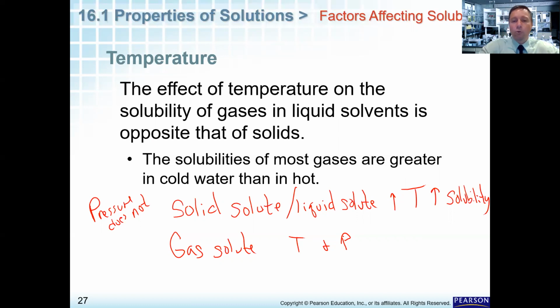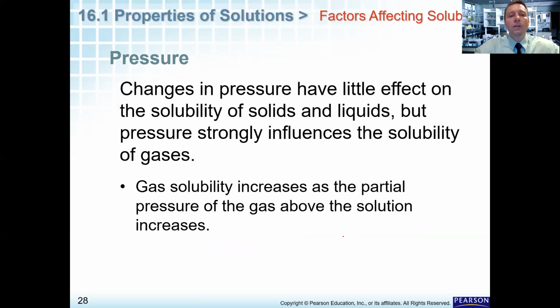So that's an important note to get down into your notes, please. Change in pressure has very little effect on the solubility of solids and liquids, so it doesn't affect it. But the pressure strongly influences a gas. Gas solubility increases as the partial pressure above increases.